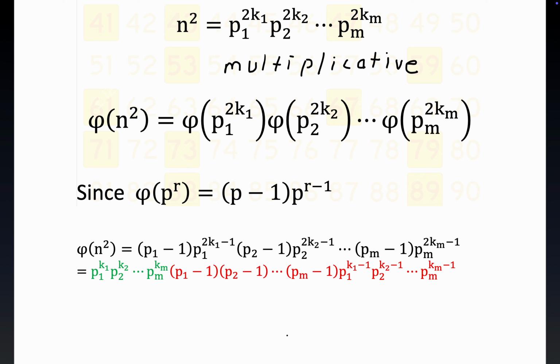Now, what we do is some rearranging here. Notice that we have each prime raised to the 2 to the k minus 1. You see how we take k of them away, right? So you see this k1 would have been part of 2k1 here, and then the minus 1.